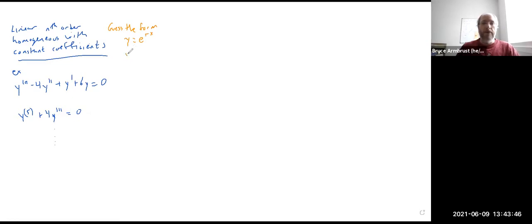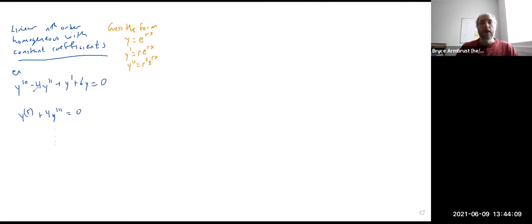When we differentiated, y prime of course gives us r e to the rx, and y double prime gives us r squared e to the rx. That's where those polynomials came from, because we could factor out the e to the rx, which never actually equals 0, so it had to come from the remaining pieces, which was that polynomial.